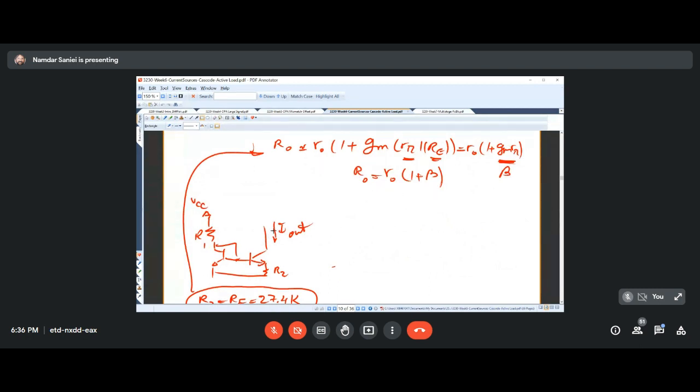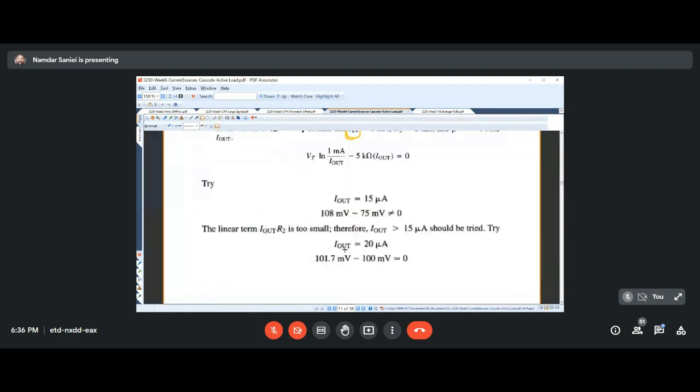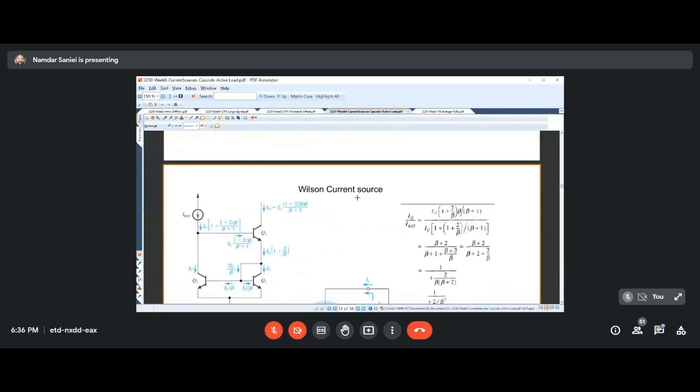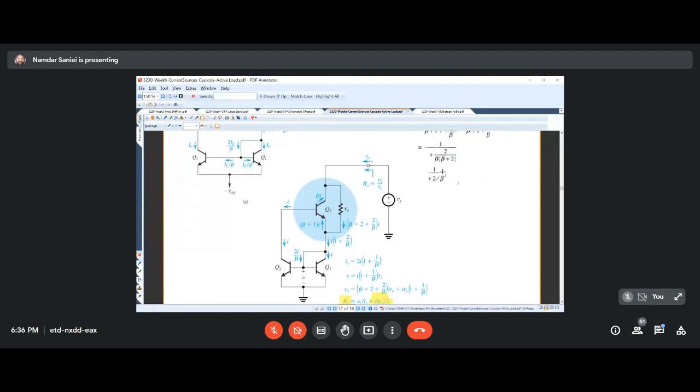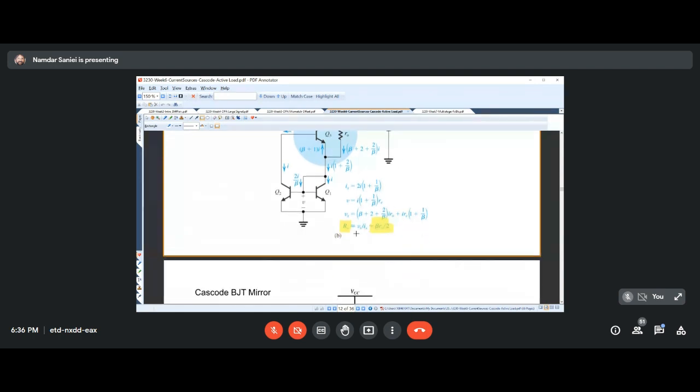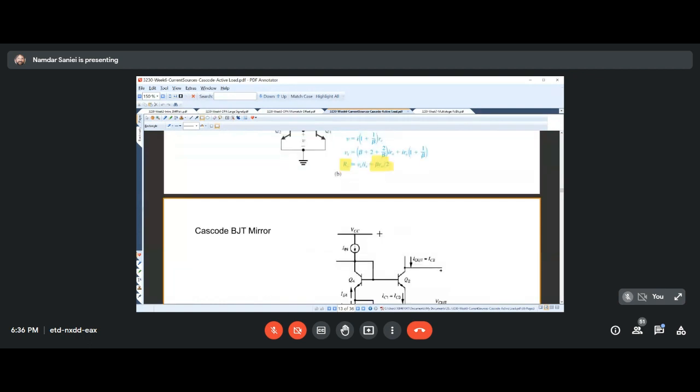So at least it was good for introducing larger RO for us. And then we went to Wilson current source, which was also having a reduced error plus a relatively large output resistance.